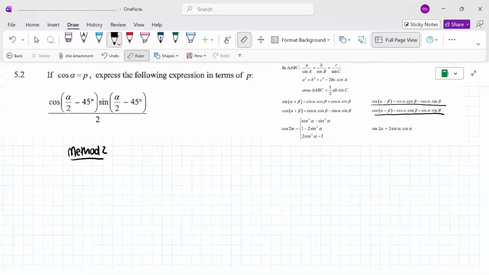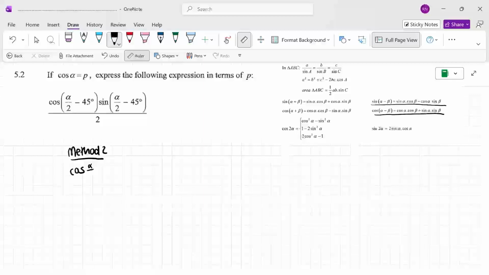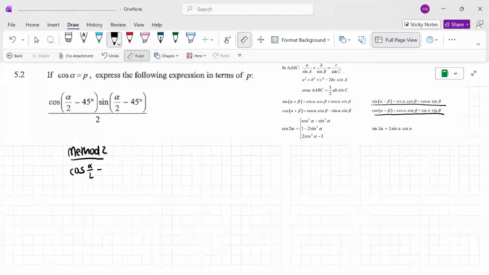And compound angle formulas means that this is going to turn into, the first part is going to be cos of alpha over 2 cos 45 plus sine of alpha over 2 sine 45, right?